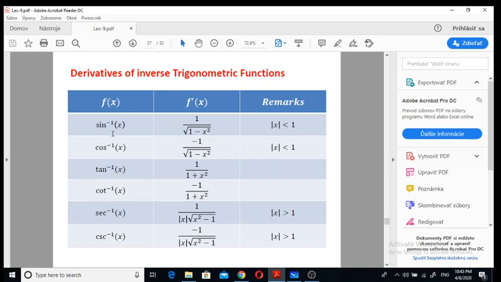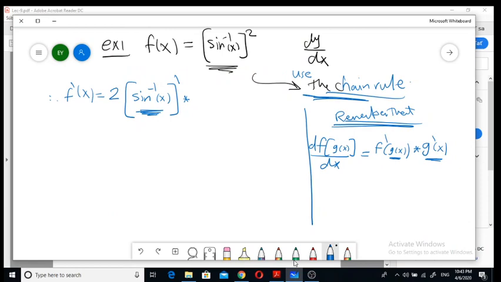And we know that the first derivative of sine inverse of x will be 1 over square root of 1 minus x squared.